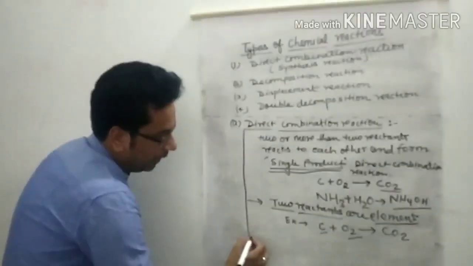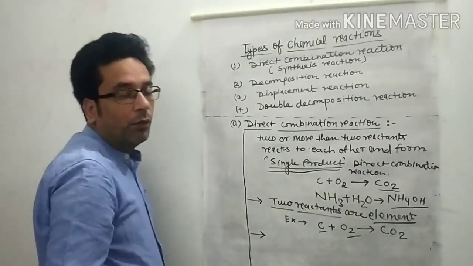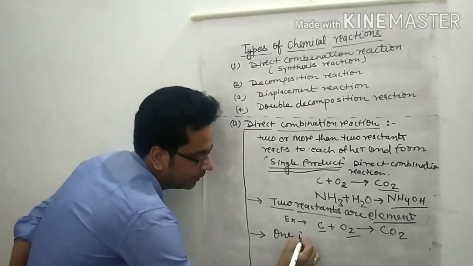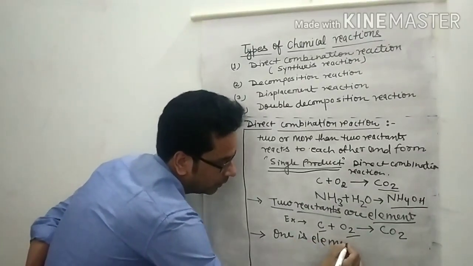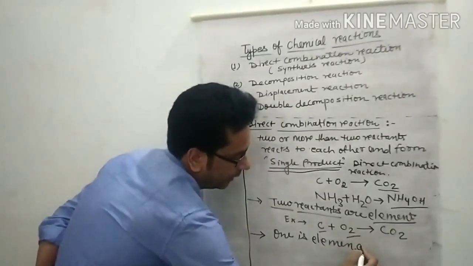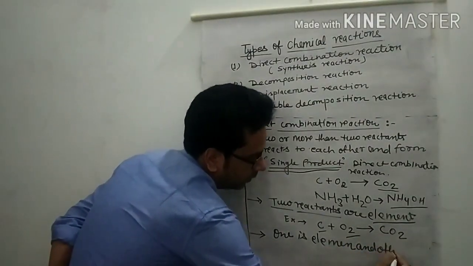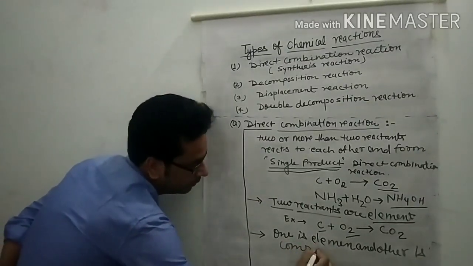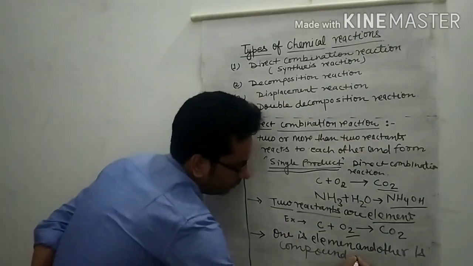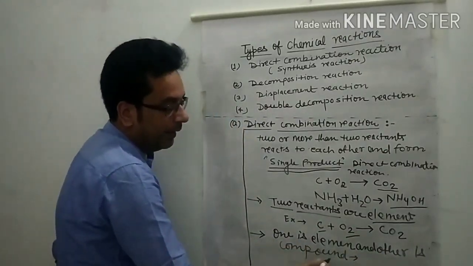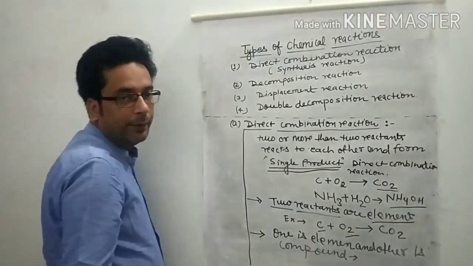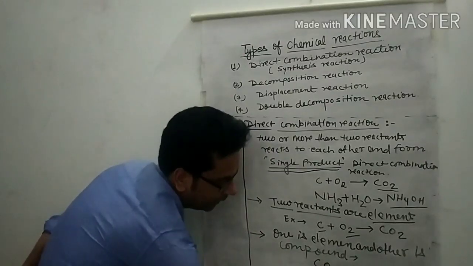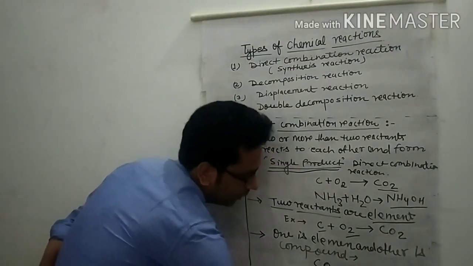Now second, when one is an element and the other is a compound. For example, carbon monoxide plus oxygen.